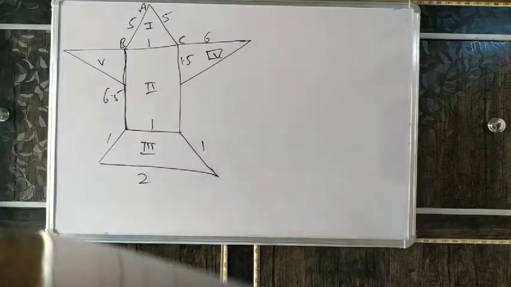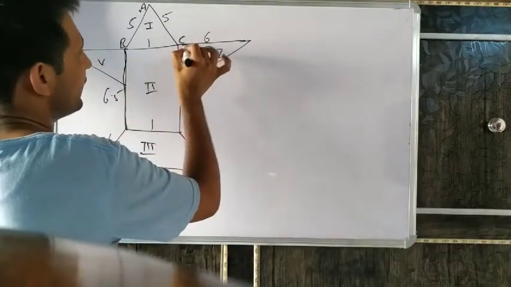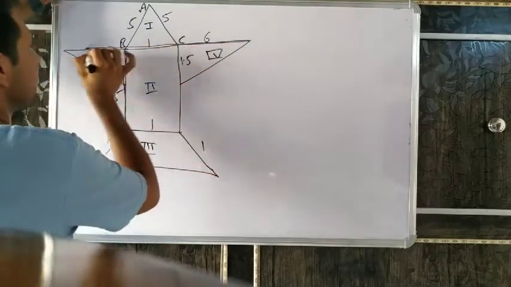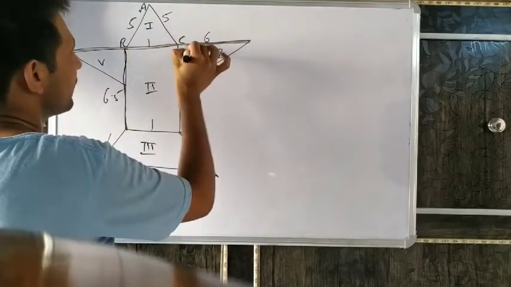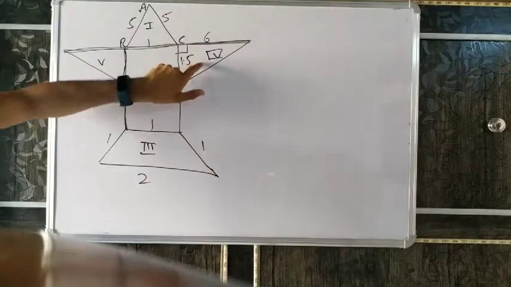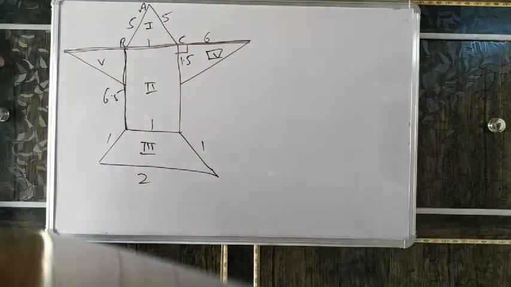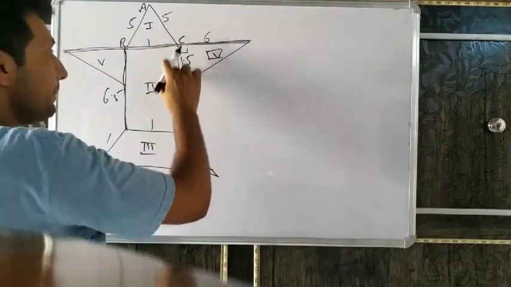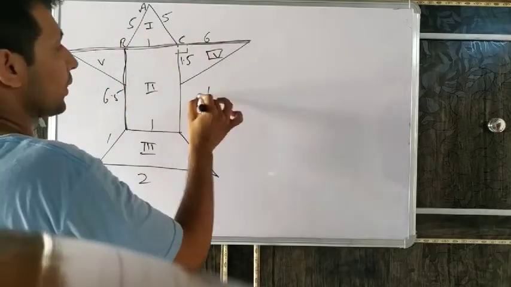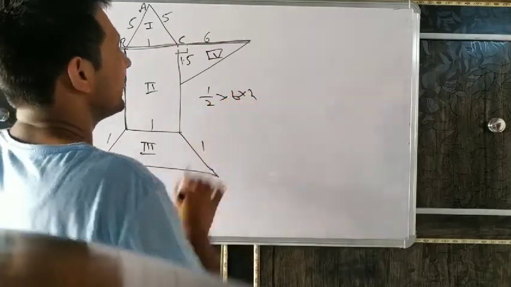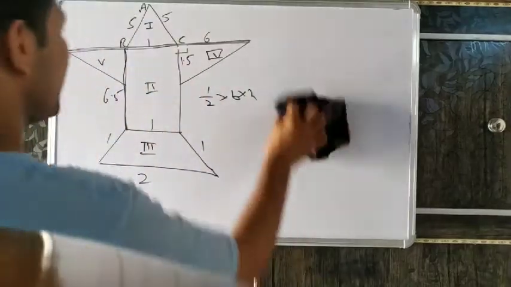You can see it is a straight line and a straight line, so it means it is 90 degree. And this triangle, fourth part, how will you find area of triangle? It is height, it is base, opposite of 90 is the hypotenuse. So 1 by 2 base into height. Understand? So we will find like this.